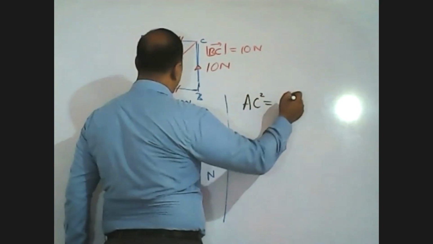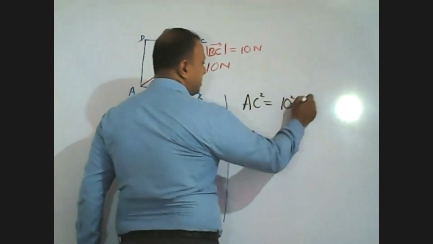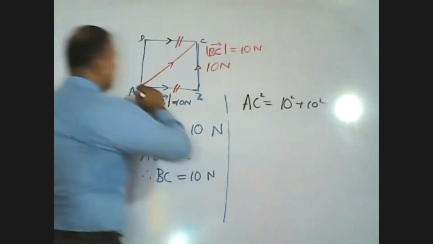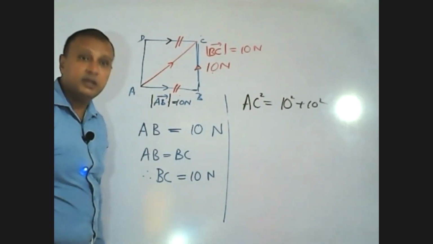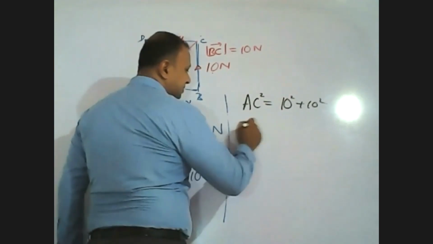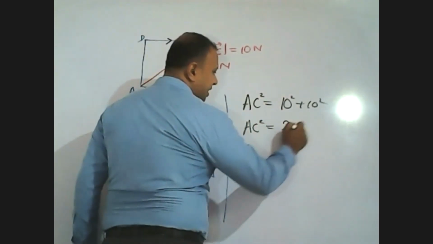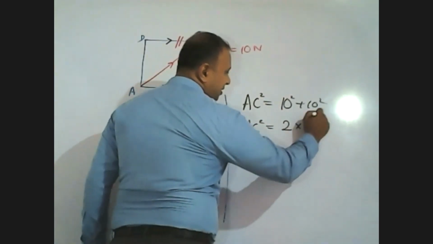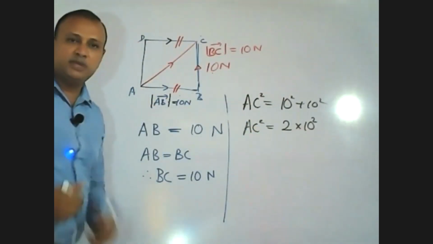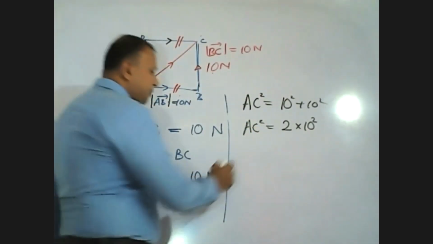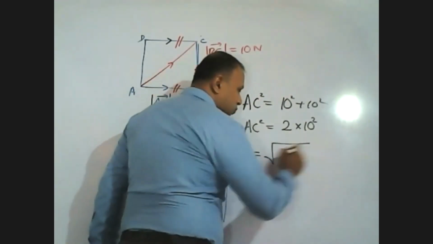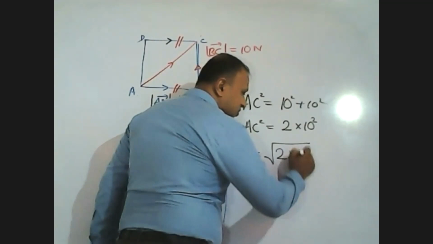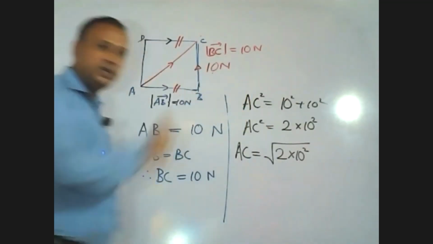AC squared is equal to 10 squared plus 10 squared. So, AC squared is equal to 2 times 10 squared. That means AC should be equal to the square root of 2 times 10 squared.